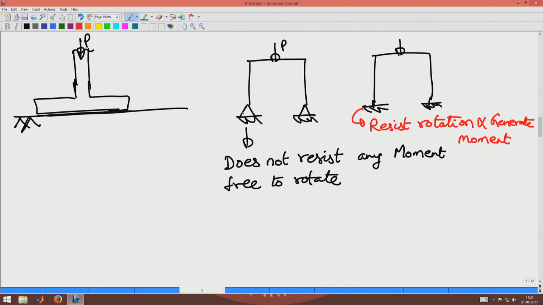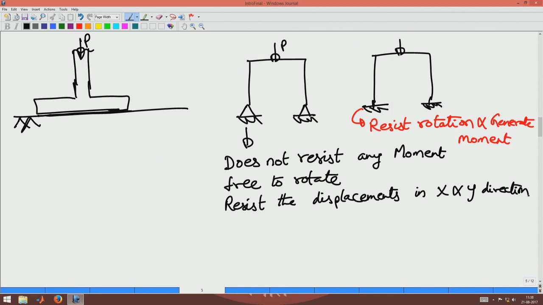Of course, both will resist the displacement in x and y direction, or in any direction the displacement is restrained.